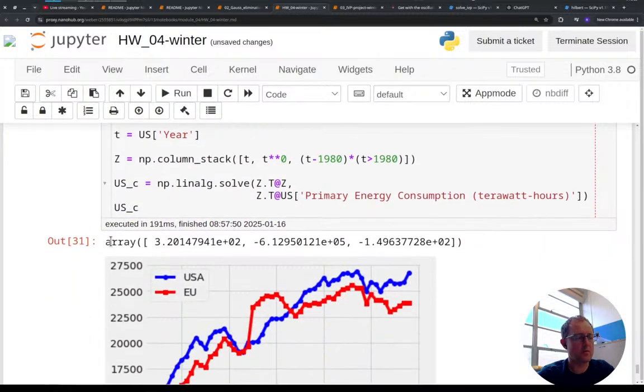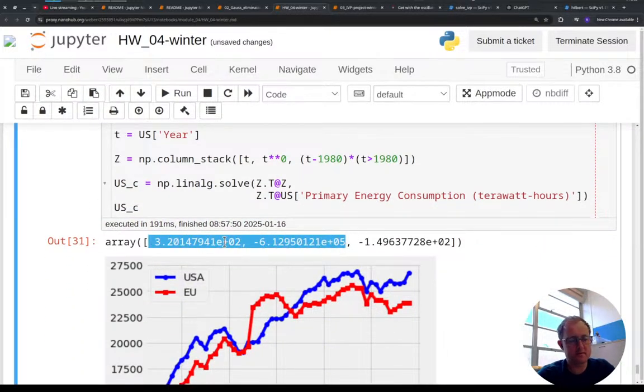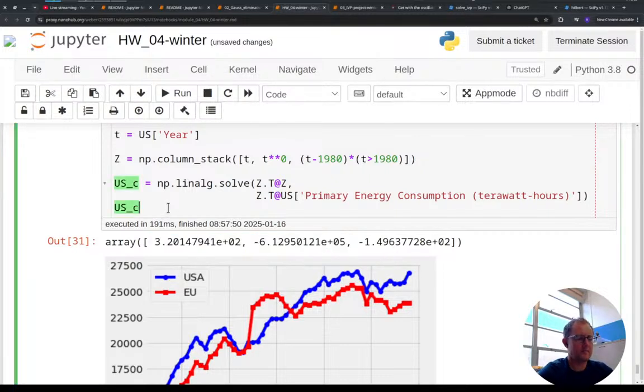Let's make sure that it works. So I do get values, 3.2 and then a negative 1.5. They're both on the scale of like 320, 150. Okay, so let's see what that looks like.